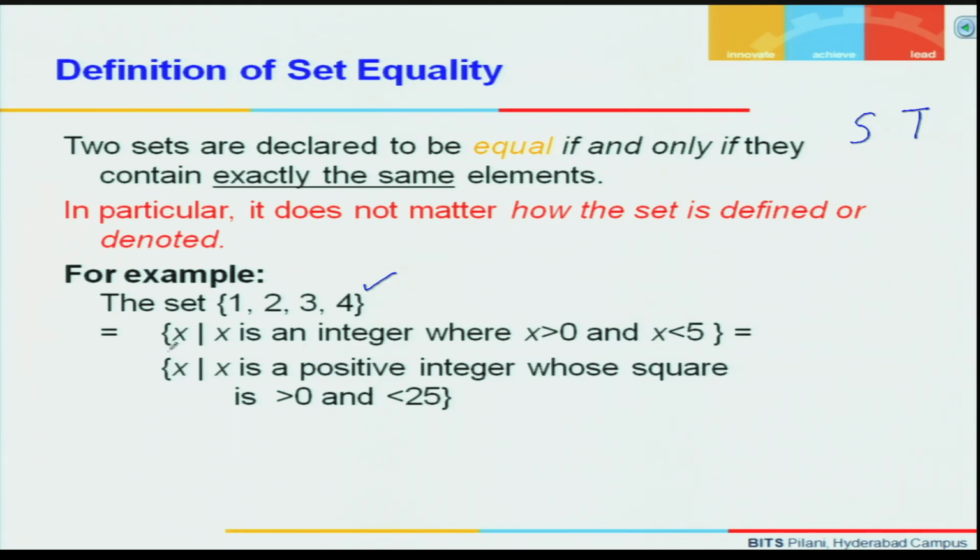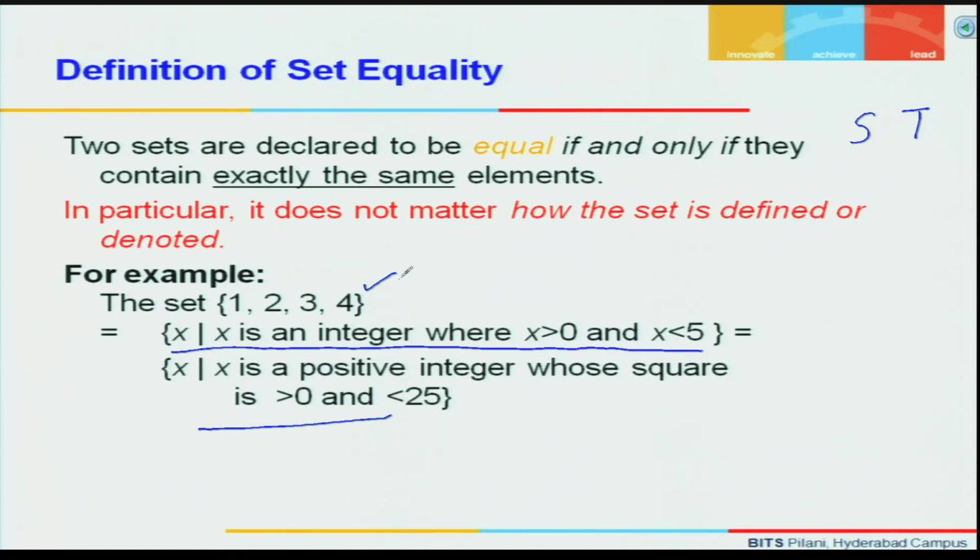This is another set. And look at another set definition: the set of all x such that x is a positive integer whose square is greater than 0 and whose square is less than 25. This is another description. But if you actually look at the elements laid down by this definition, they are the same, that is 1, 2, 3, 4.